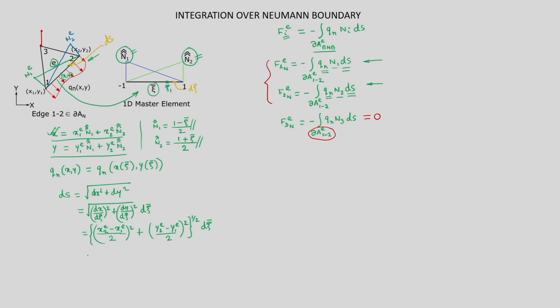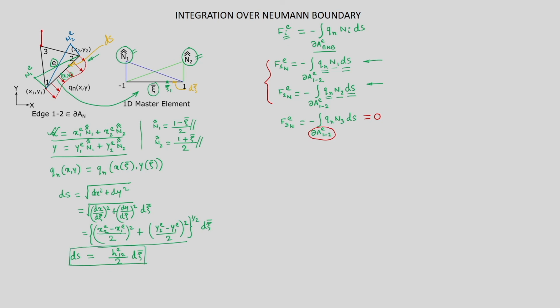Now what is this? This is basically half the length of side 1 2 in element E. So we write h_E^12, the length of the side of element E along 1 2, divided by 2, d xi bar. So we got the relation between d xi bar and ds.